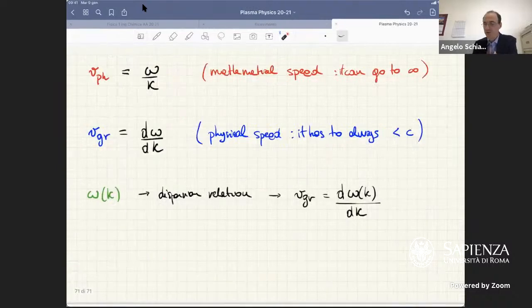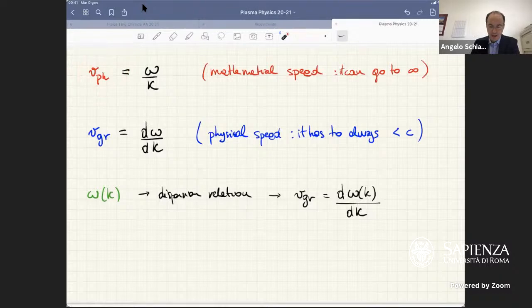What does it mean, a non-dispersive medium? It means that, as we'll find in a second, the concept of dispersion is the fact that the phase velocity is related to the group velocity.